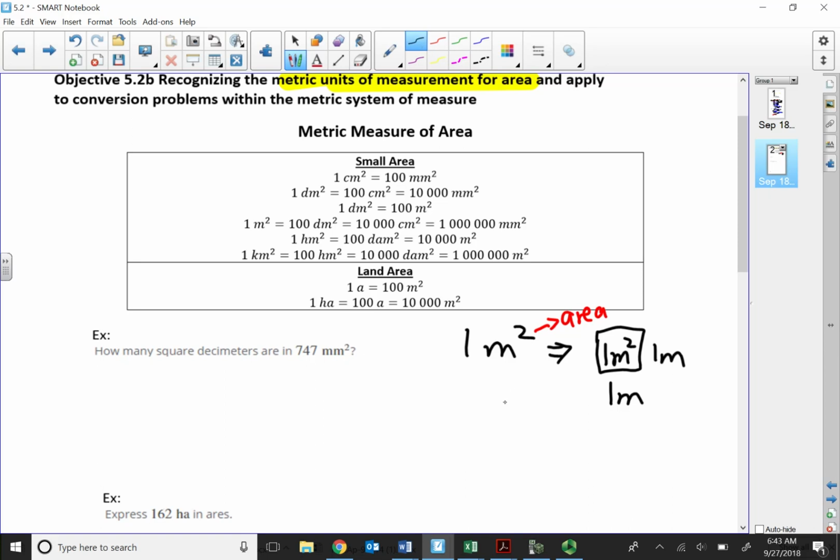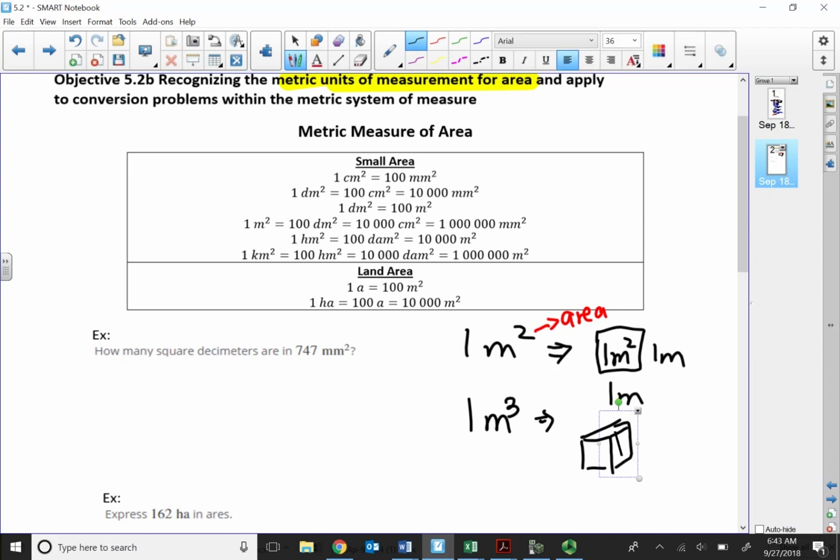So if I have 1 cubic meter, 1 cubic meter means you have a cube. Doesn't look like a cube, but it's okay. It means you have a cube that measures 1 meter by 1 meter by 1 meter.